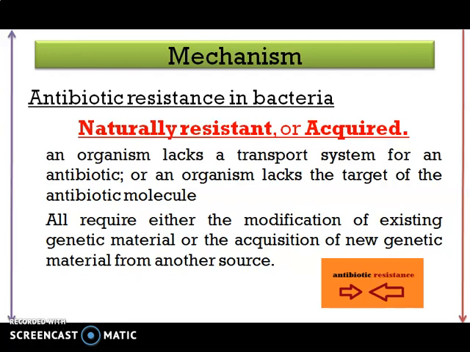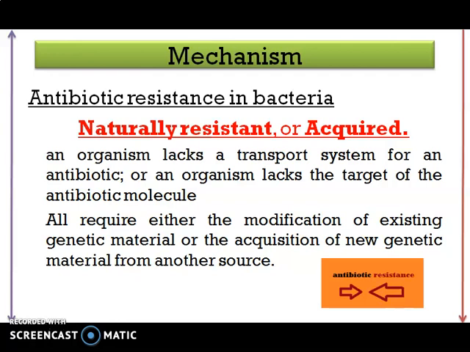Pseudomonas aeruginosa is naturally resistant to many antibiotics because of the inability of antibiotics to cross its outer membrane or bind to its target tissue. And this type of resistance poses no significant clinical problem as long as proper drugs are selected. And here, remember, in the natural way, lack of transport system is seen and lack of target is seen. Therefore, it is especially considered natural resistance.